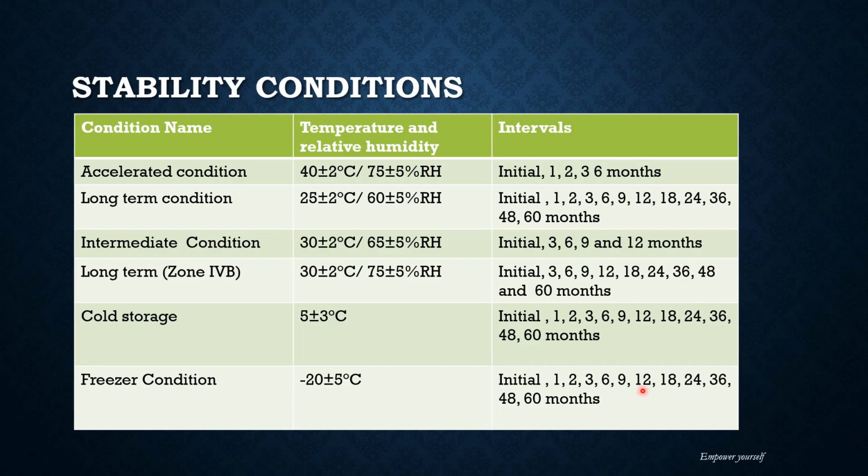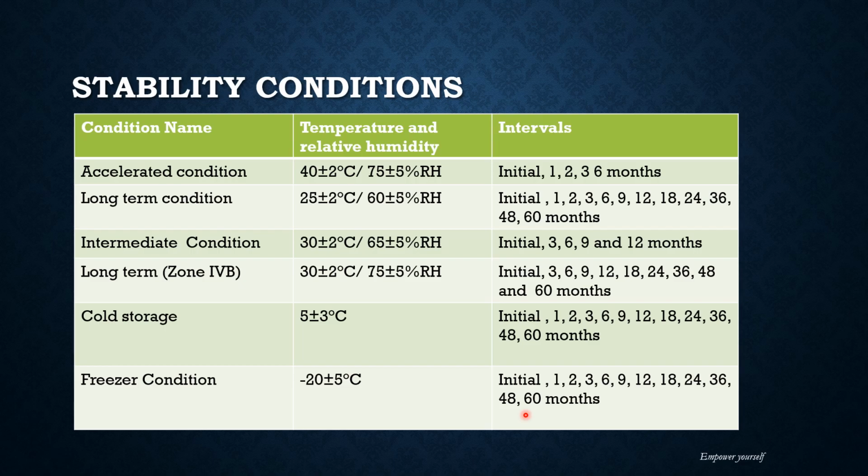After that, from 12 to 18 and 18 to 24 months, we analyze our product every 6 months. From then onwards, we verify our product once yearly, from 24 to 36, 36 to 48, and 48 to 60 months.